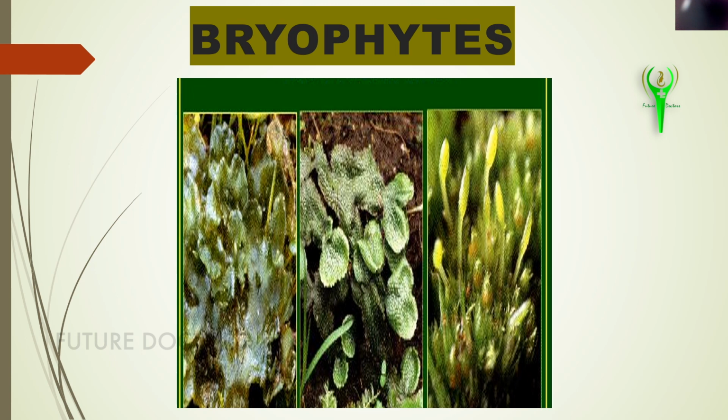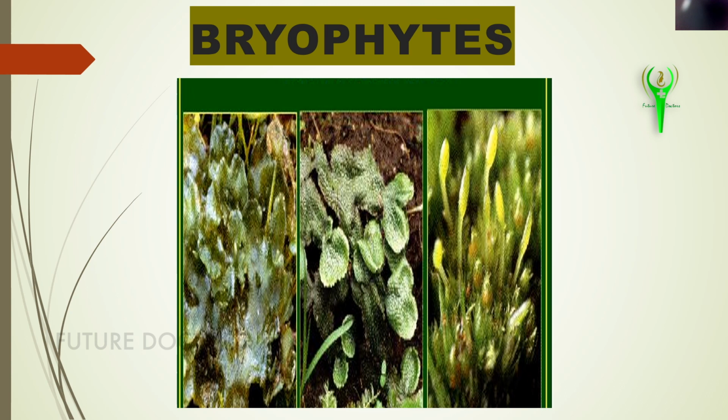The plant body of bryophytes is more differentiated than that of algae. It is thallus-like, prostrate or erect, and attached to the substratum by unicellular or multicellular rhizoids. Root, stem and leaves are usually not present on the thallus. The main plant body is haploid and produces gametes, hence it is called the gametophyte.